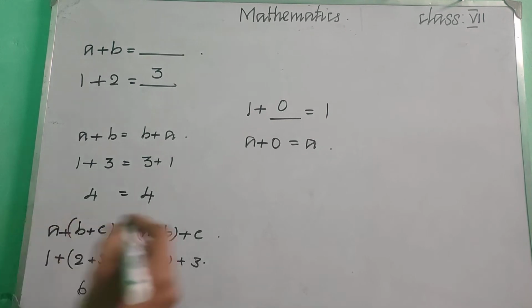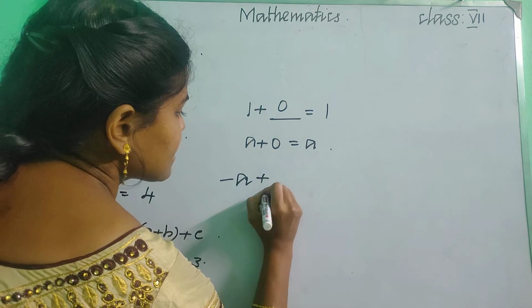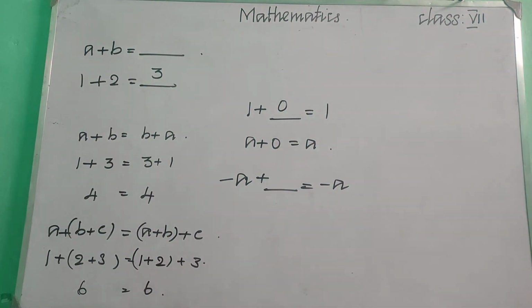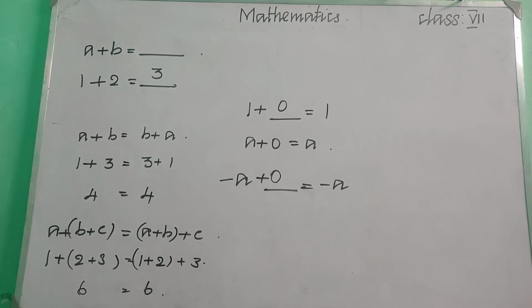Okay, simply if I am having minus A, minus A plus something equal to, we need to get the same answer. Okay, so what will you add with this minus A to get the same minus A? We need to add 0, right? So this is called additive identity. Okay, and then we have learnt about additive inverse, right? So what do you mean by this additive inverse?